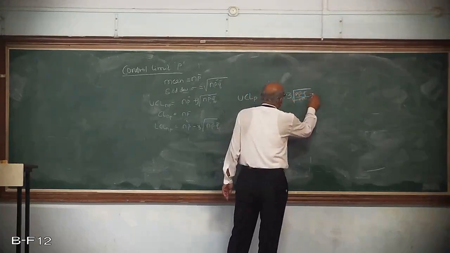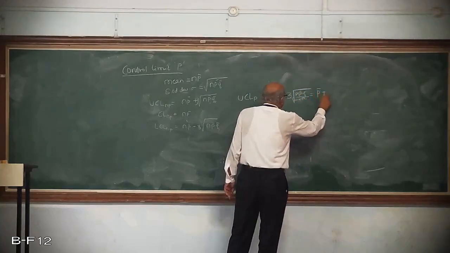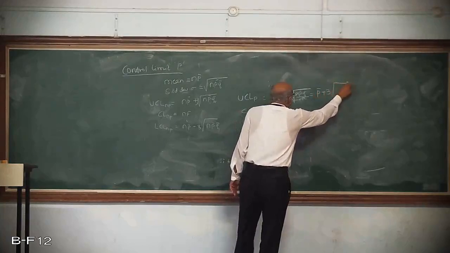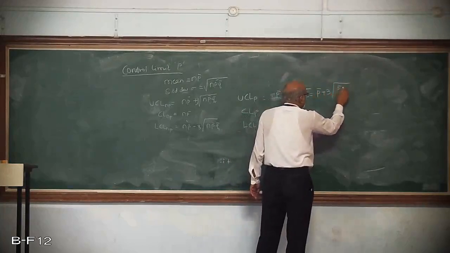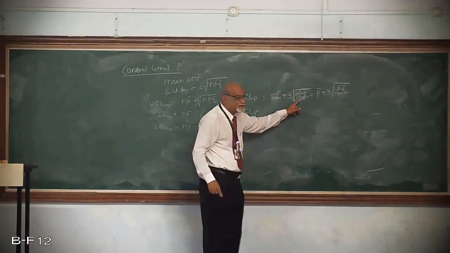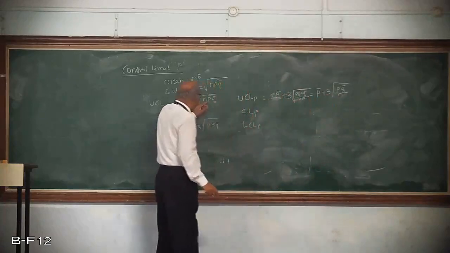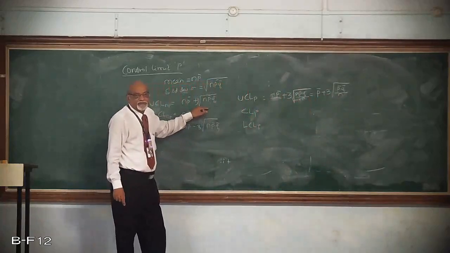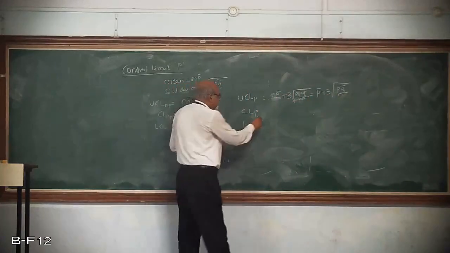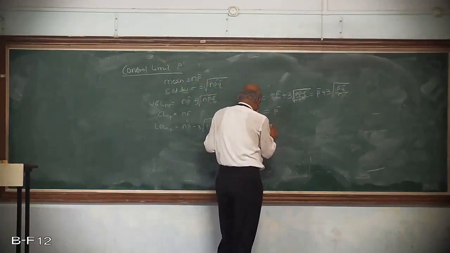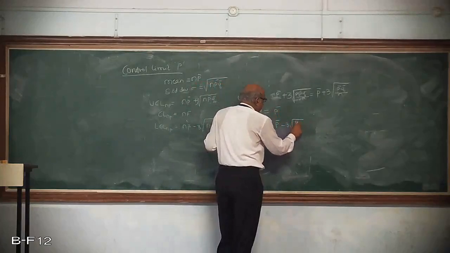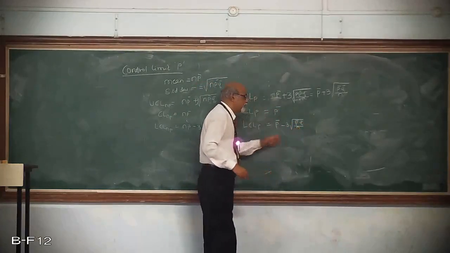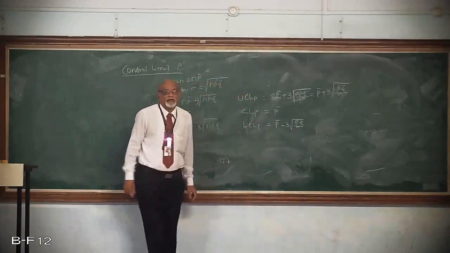So we are left with P bar plus 3 under root of P bar Q bar divided by n, because I am dividing by n. Similarly, the central line is P bar and the lower control limit is P bar minus 3 times the square root of P bar Q bar by n. Is it understood? These are the control limits.